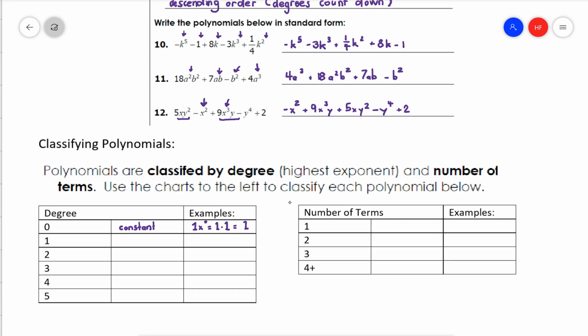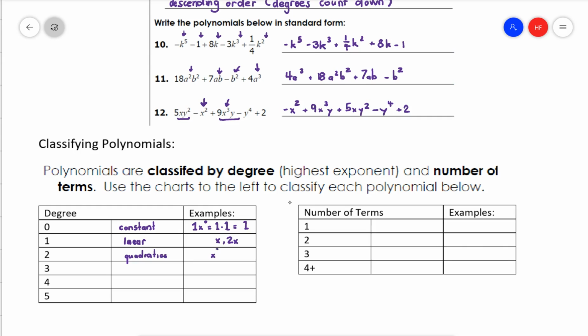Then our first degree would be something that is linear, so a straight line, and that would be something like x or 2x or anything like that. Then the second degree, those are our quadratics, which we work a lot with in Algebra 2.